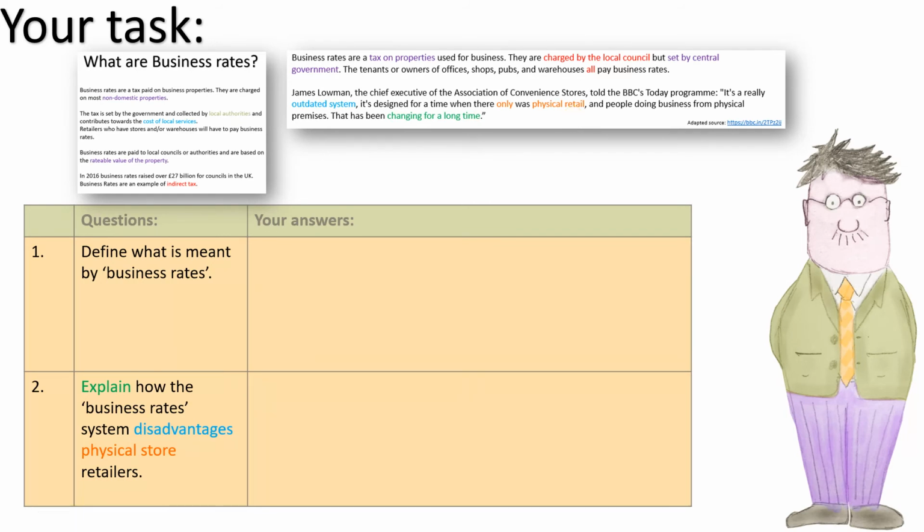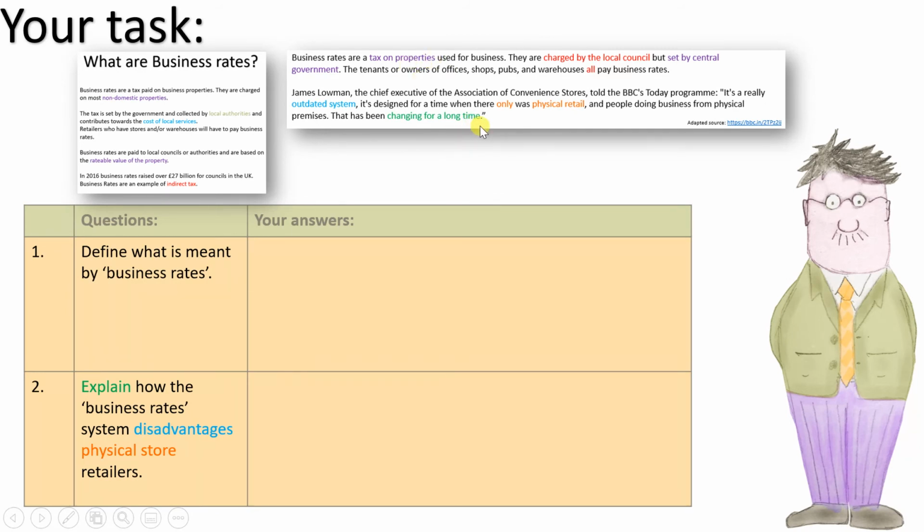So if there are not just physical retailers now, what other type of retail exists? And then if you link that to the paragraph above on business rates being a tax on, look at the purple, and then that's why businesses need to pay the tax.